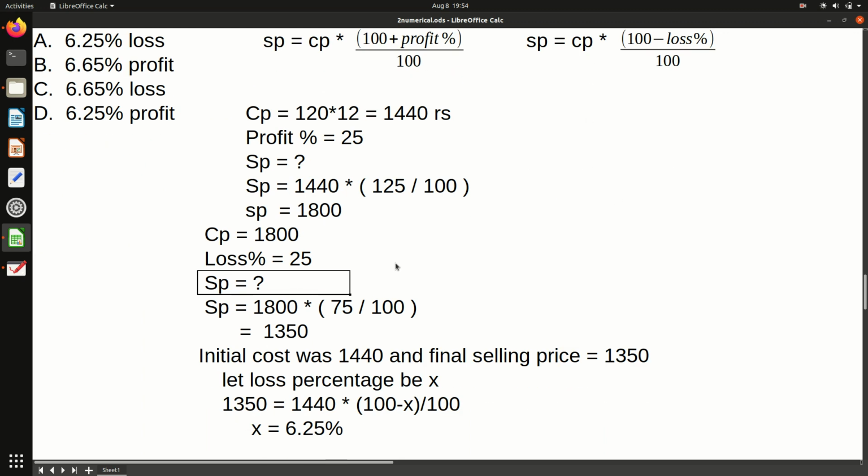In this formula I will put everything. SP equals CP, which is 1800, into 100 minus loss percent, so 100 minus 25, so 75 by 100. After solving this, we got SP to be 1350. It means the second shopkeeper sold the pencils at 1350 rupees.